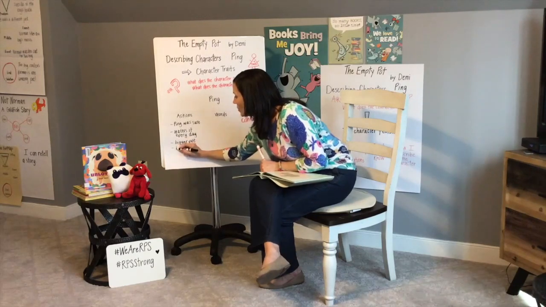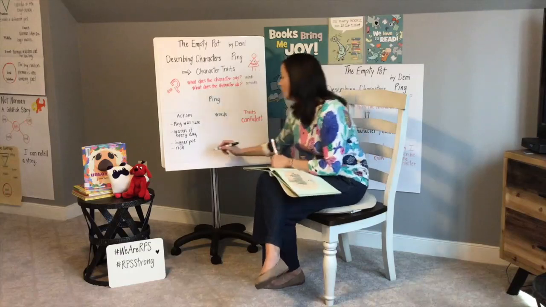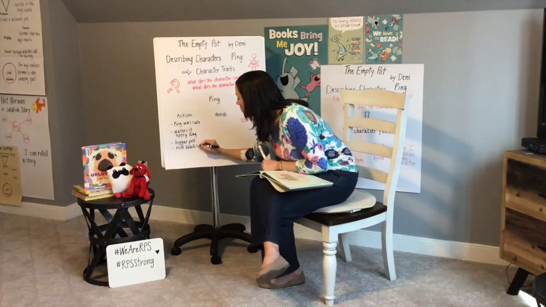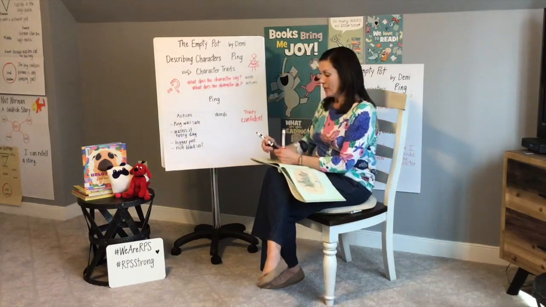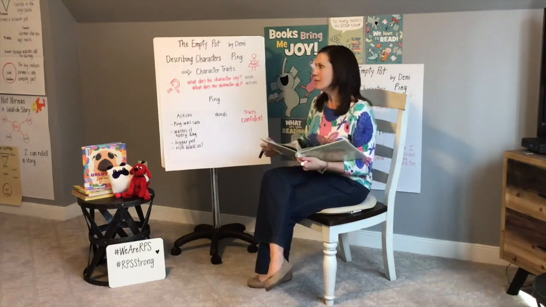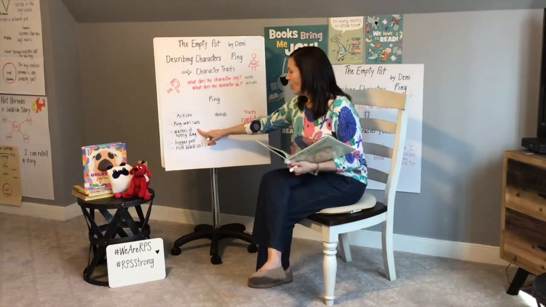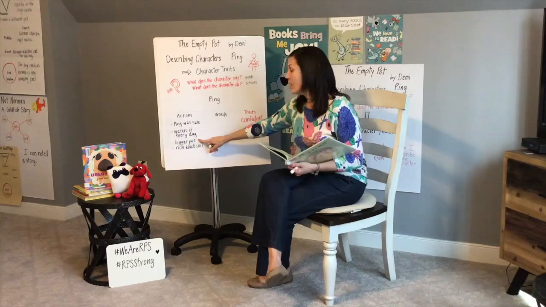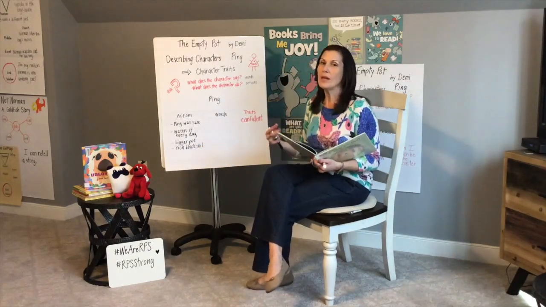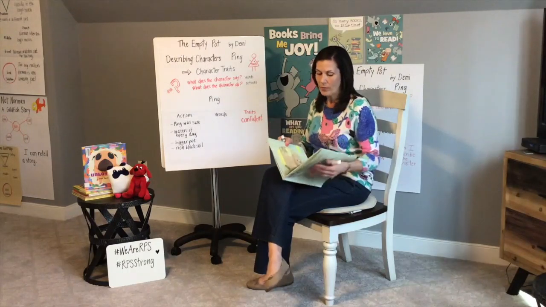And he makes sure that there is rich black soil. So when the seed is not sprouting, day after day, Ping takes some actions. He waters it, and when it's not growing, he gets that bigger pot, and he makes sure that it has room and that it has rich black soil.